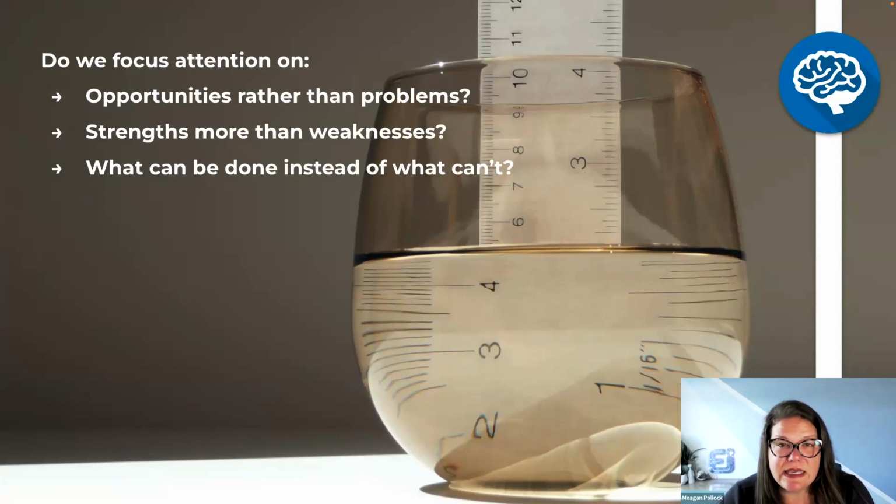Are we focusing in on the strengths or the weaknesses? Like, what is it that people are adding versus what people don't have? And then what can be done instead of what can't be done?